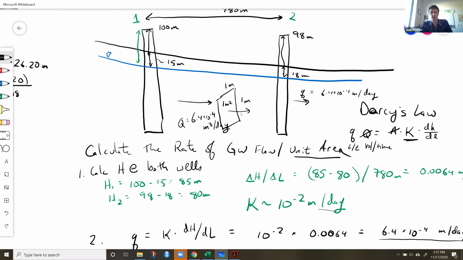And then under this hydraulic gradient, say you had a river over here, and you know the area of this bank, over a length and height, then you could calculate a flow rate coming into the river, contributing to base flow from this side of the aquifer.